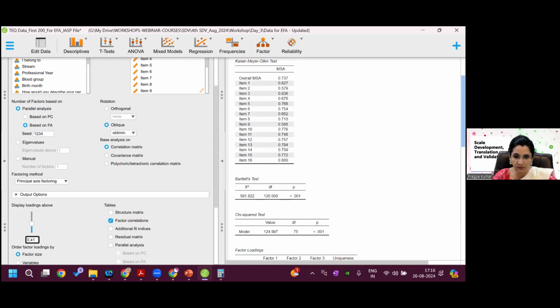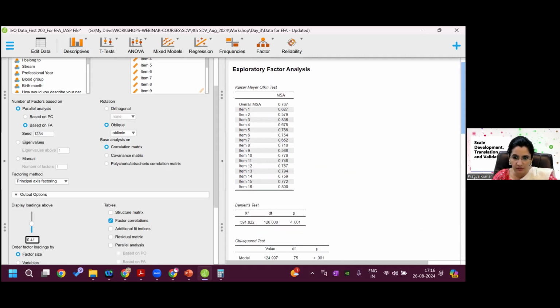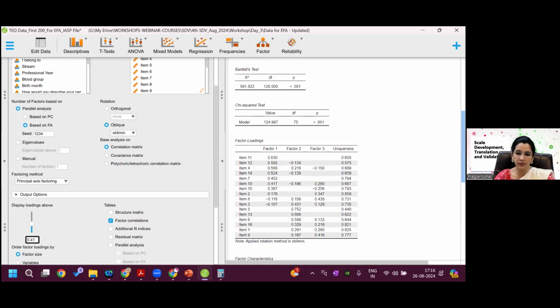So you have to delete, I mean, not delete, but in the final proposed structure, CFA, you will not enter these items: item 1, item 2, 15 and 16. This you will not keep.